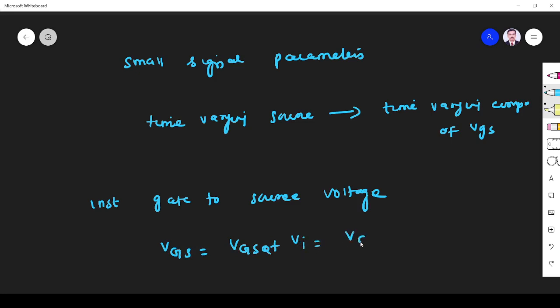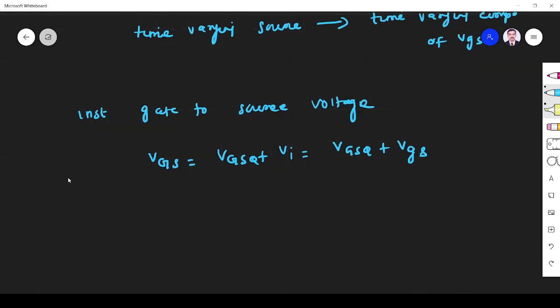So that is given by VGSQ plus vgs small, right? Small means AC, time varying component. This is the time varying component. Fine. So this is the DC component. Okay.